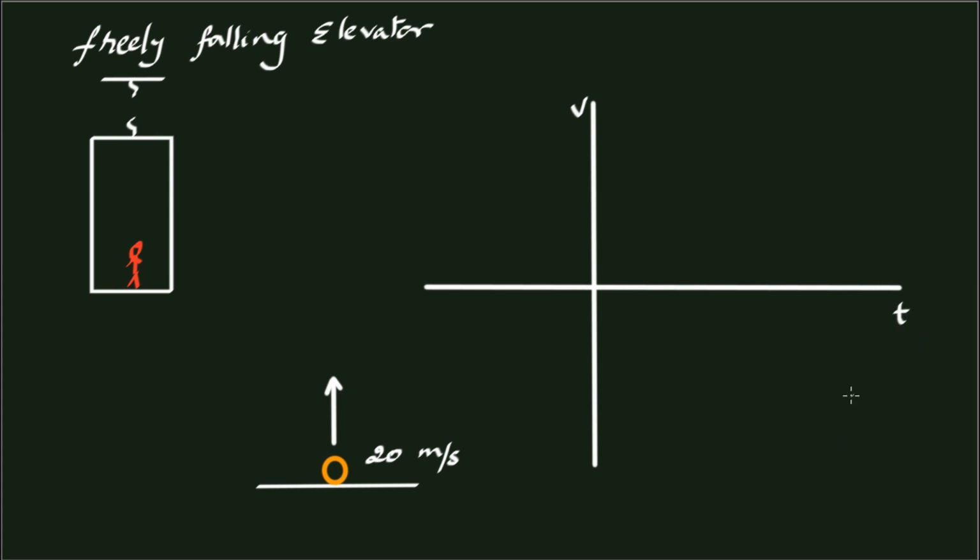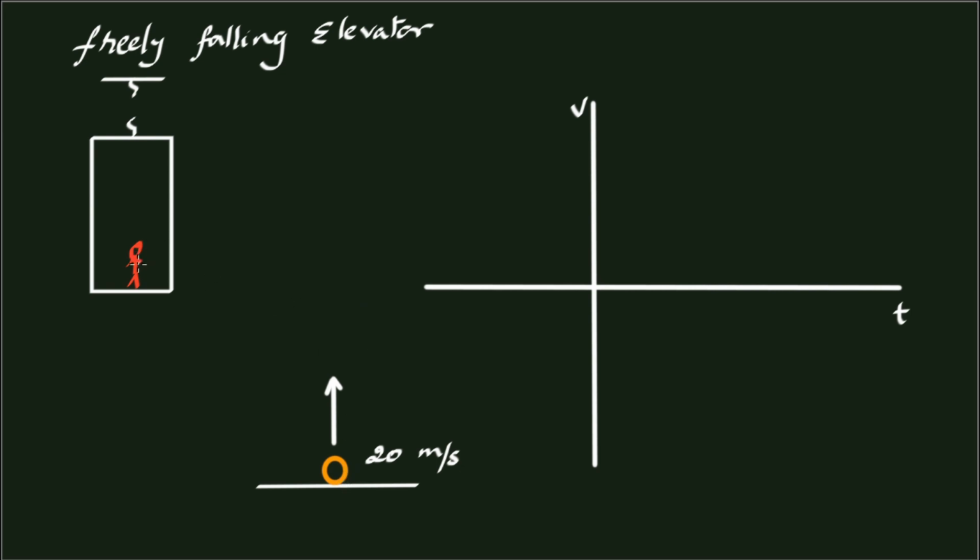Now think about it. In the freely falling frame, that is from the point of view of this person standing inside the elevator, from her point of view, there is no gravity. The acceleration due to gravity is 0. Every object in free fall appears to be moving with a constant velocity. Second point, at time t equal to 0, the velocity of this ball is 20 meters per second.